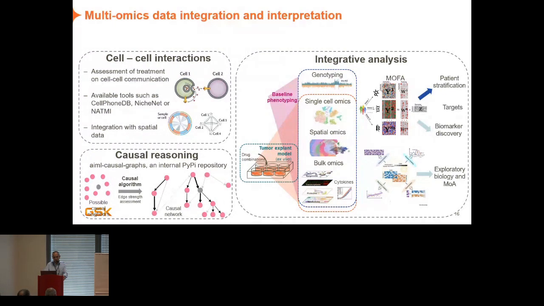We use methods developed by colleagues at EMBL in Heidelberg and in Kingston, a method called MOFA, which is multi-omics factor analysis, to understand the different technical or biological factors that explain that kind of multi-omics data. And we're using that to understand patients, targets or mechanisms of action, or for biomarker discovery.